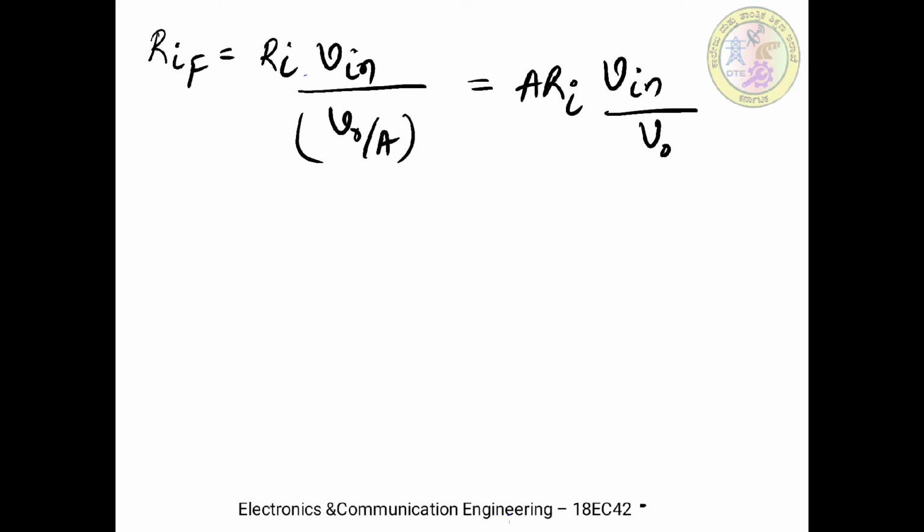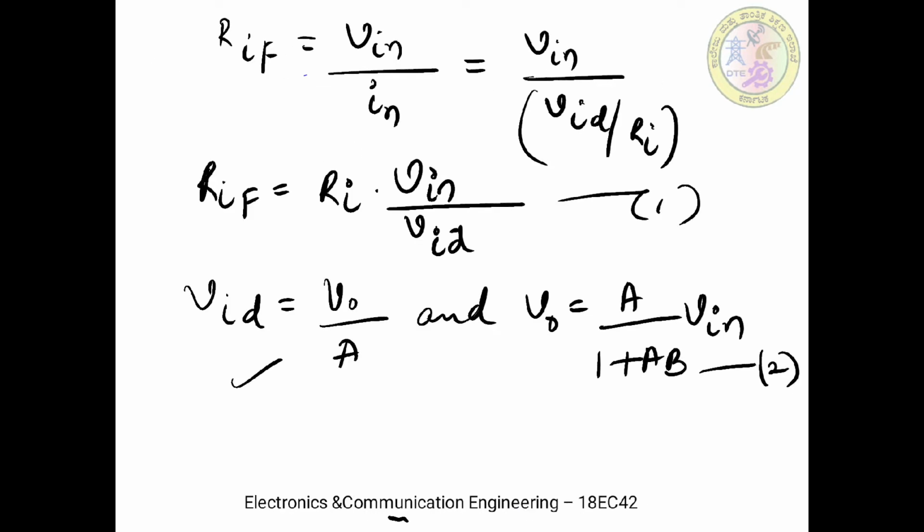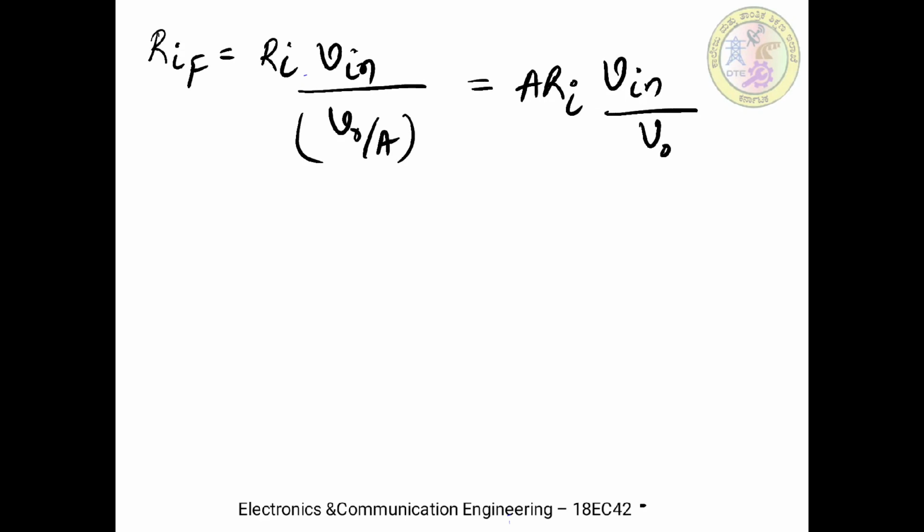We already know that V0 is equal to A by 1 plus AB into V in. From this it is possible to write V0 by V in is nothing but A divided by 1 plus AB. But what we have here is V in by V0.